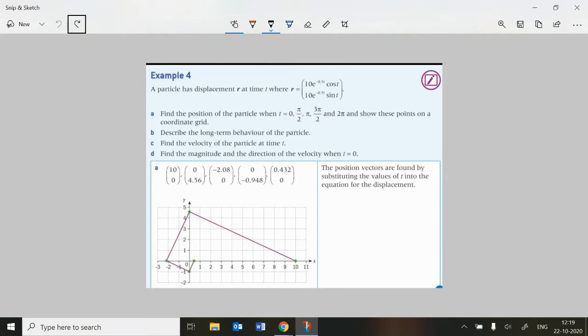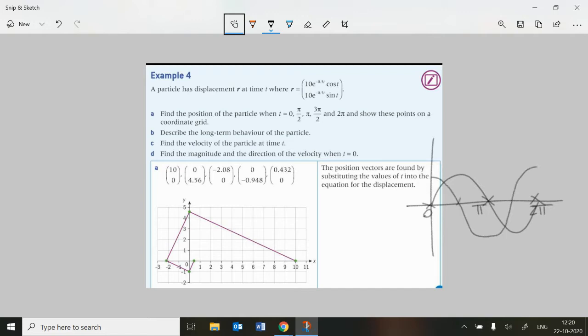Well, the neat thing about choosing these, so 90 degrees or 180 or 270, is that either sine is going to be equal to 0 at 0, pi and 2 pi, or cosine is going to be equal to 0, and that's at pi over 2 and at 3 pi over 2 as well.